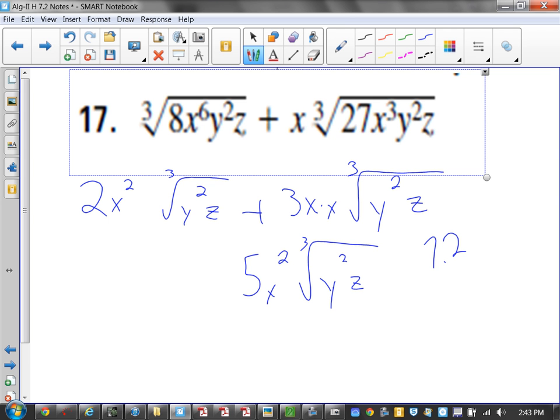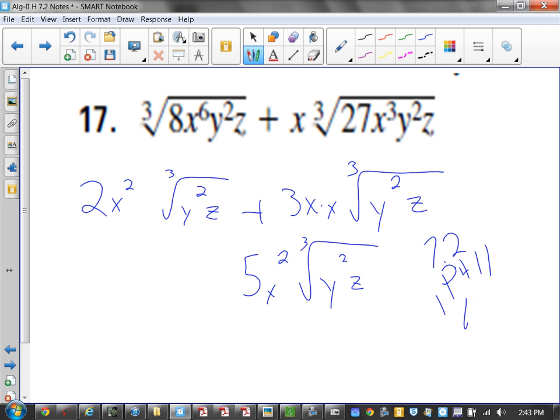Section 7.2, the rationalizing is usually what's the toughest, this one. Page 411, I believe. I want you to do numbers, I think it was 24 through, let me steal your book real quick. I'm trying not to do the rationalizing ones right off the bat.